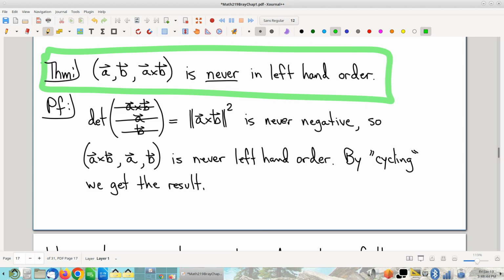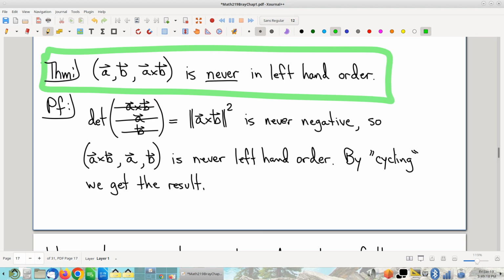Again, technically there's always the possibility of zeros. God, those are so annoying. But to be fair, it's never left-hand order. So it's generically right-hand order. Except for annoying anomalies, it's right-hand order. Sometimes there are annoying anomalies, and technically it could be neither. But the key point is never left-hand order.